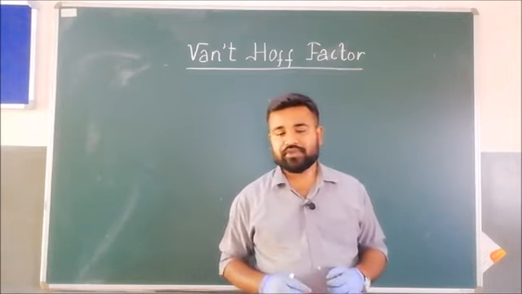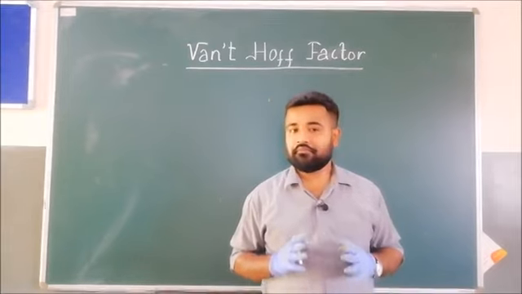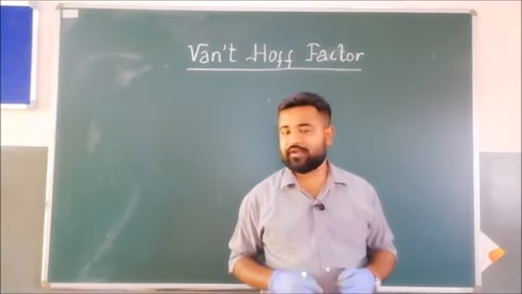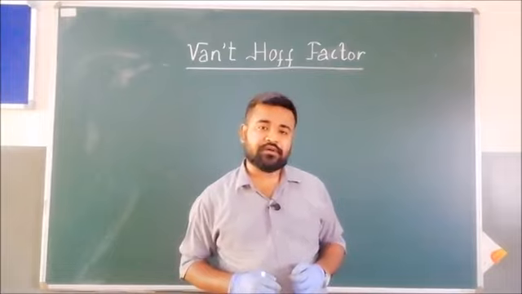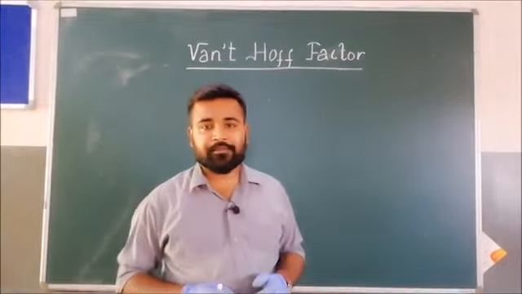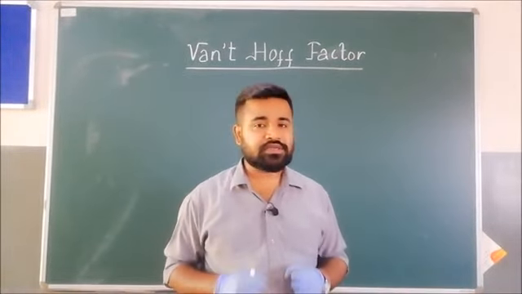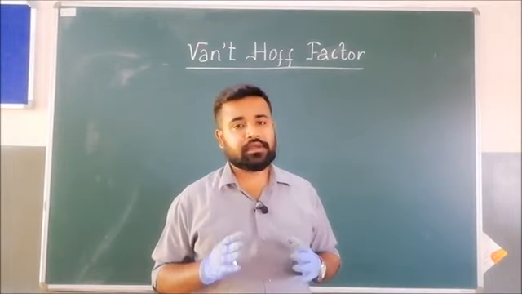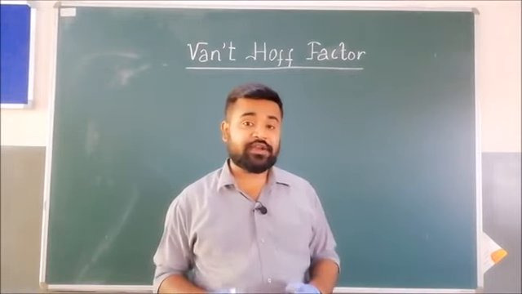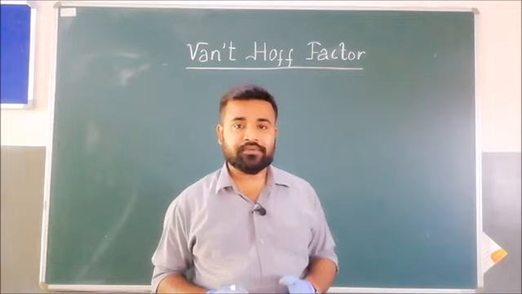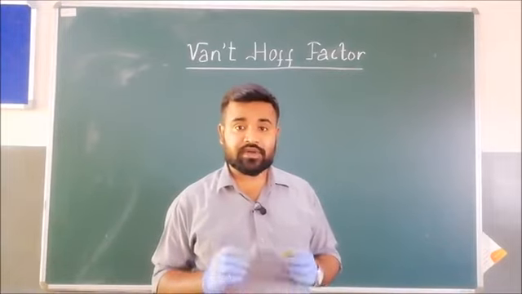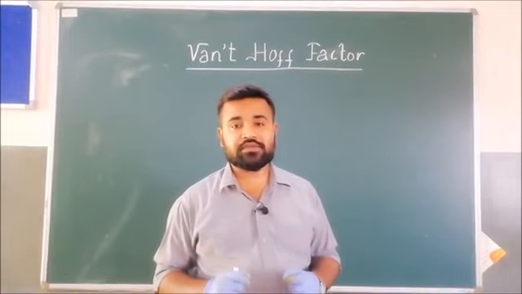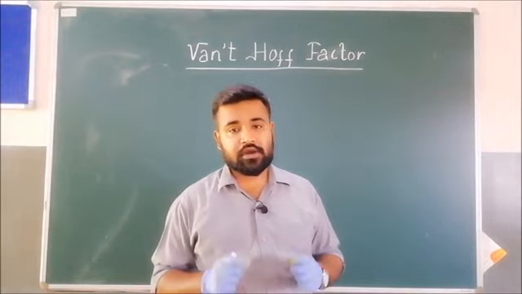So what does Van 't Hoff actually want to say? What is the Van 't Hoff factor? Van 't Hoff observed that in colligative properties some correction is needed, because for all solutions the measured value, whatever value we observe, is not correct.